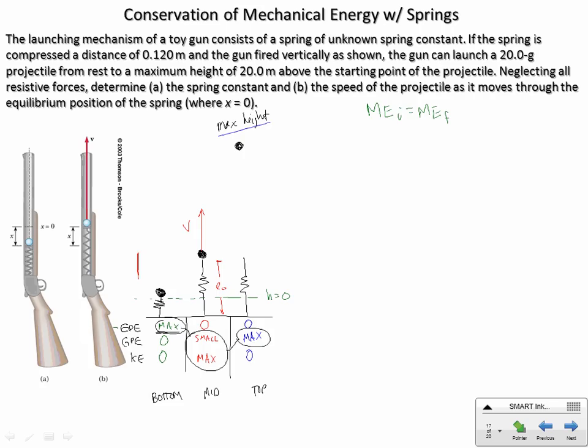Energy is conserved. Mechanical energy is conserved. Right? We have three terms now. We have GPE initial, EPE initial, KE initial. We have GPE final, EPE final, and KE final.